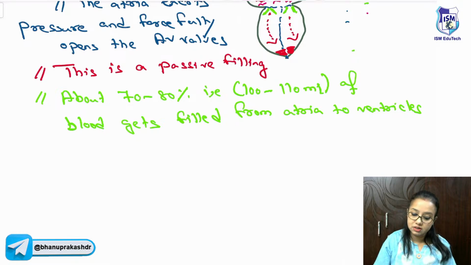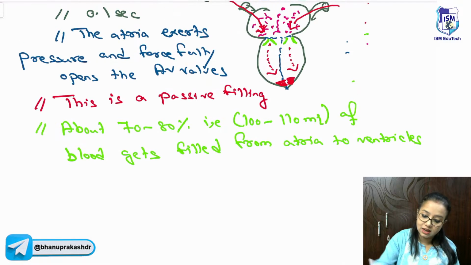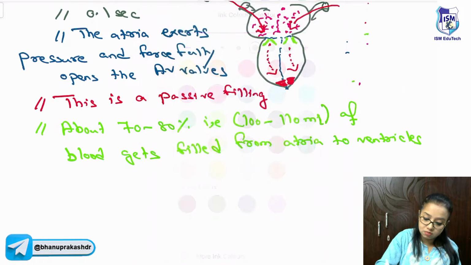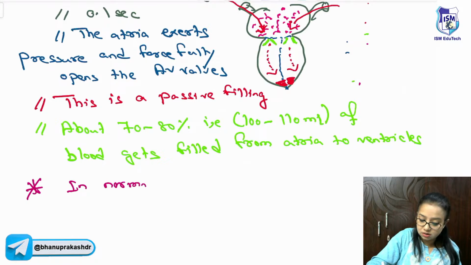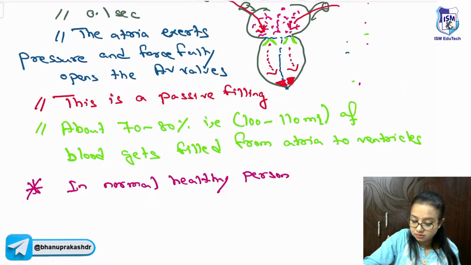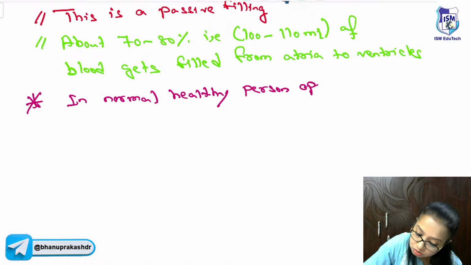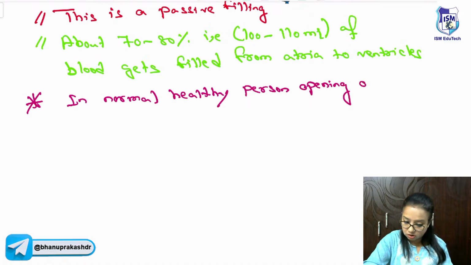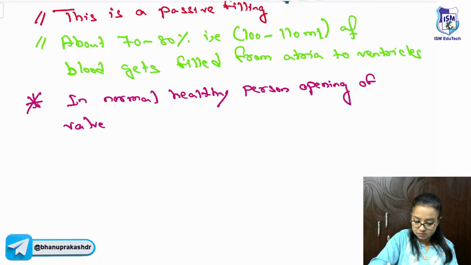Okay, so this is what is happening in the rapid filling, and this one happens very fast. It lasts only for 0.1 second. And remember one thing: the AV valves open. Point to remember, in a normal healthy person, the opening of valves makes no noise.